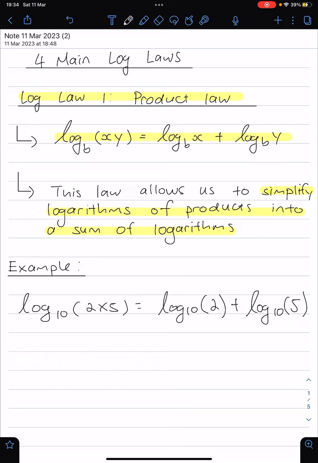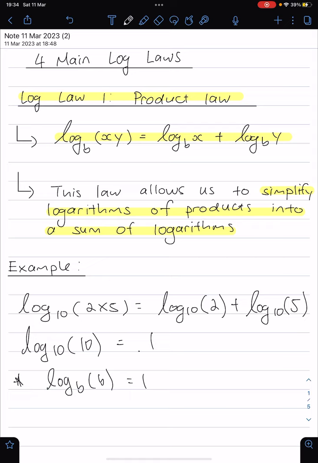To solve this problem, we simply have to multiply the two numbers inside the bracket together, which becomes 10. There is a law in logarithms that states that if the base is the same as the number inside the bracket, then the solution is simply 1. So therefore, the answer here is just 1.